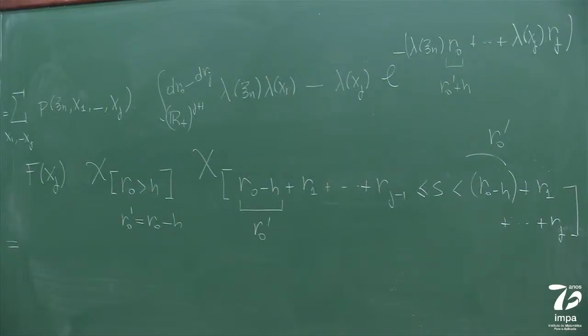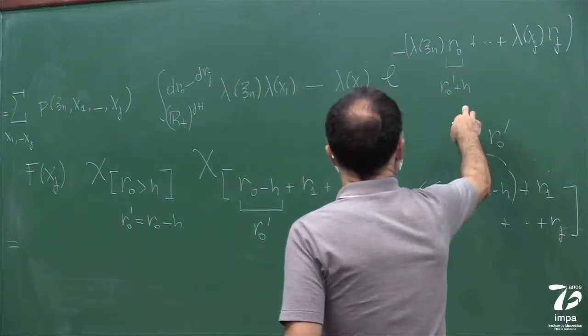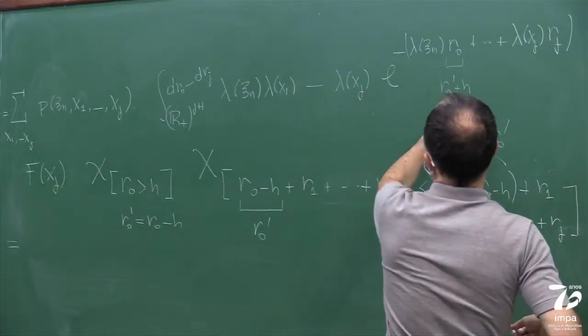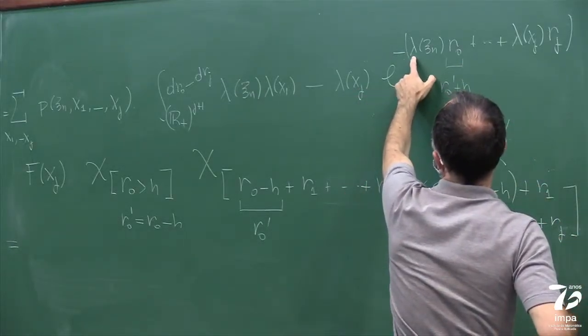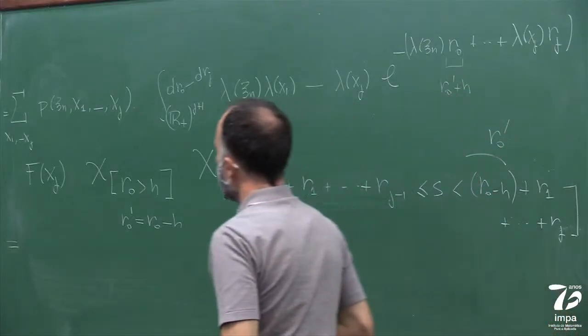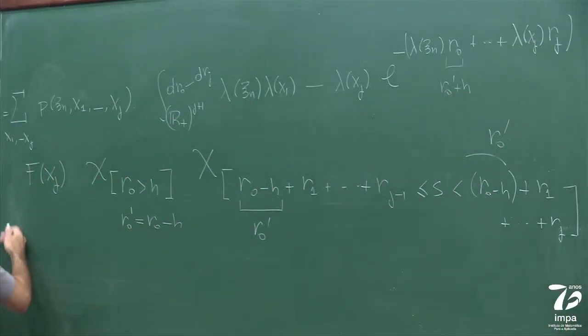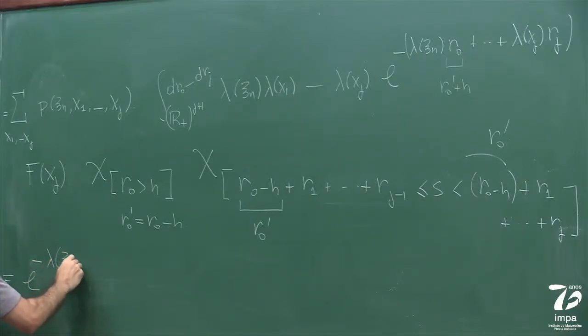Okay? So h is fixed, so it will give me an exponential of minus lambda psi n h, if I didn't mix up signs.